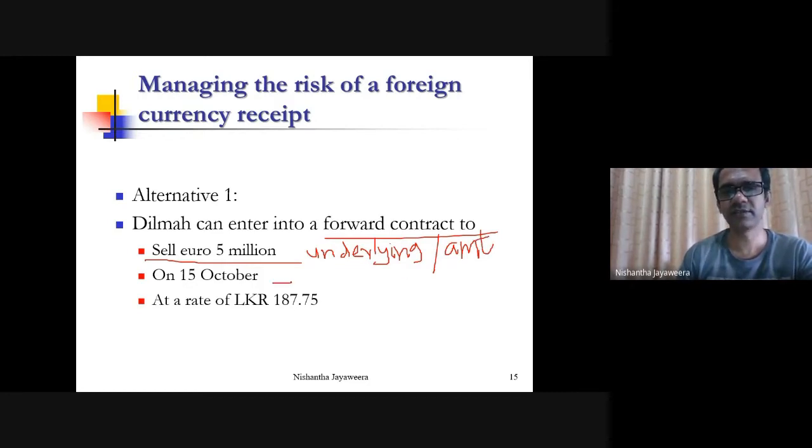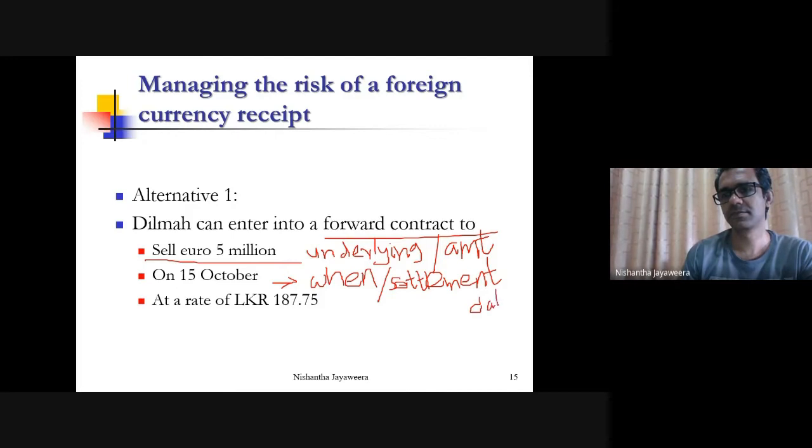Then you have to say when, what is the forward settlement date? Clear?